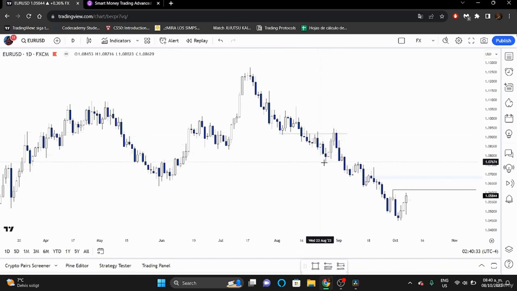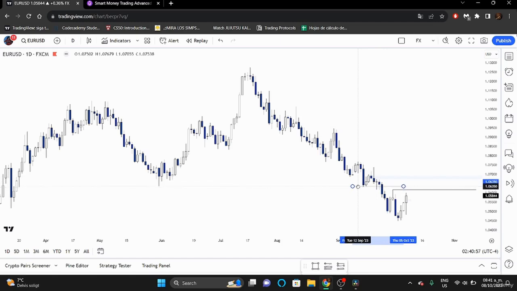Once we trade through this swing low again, that swing low will also become the mitigation block. As you can see, we trade through it, which is a down candle. This will become the mitigation block.